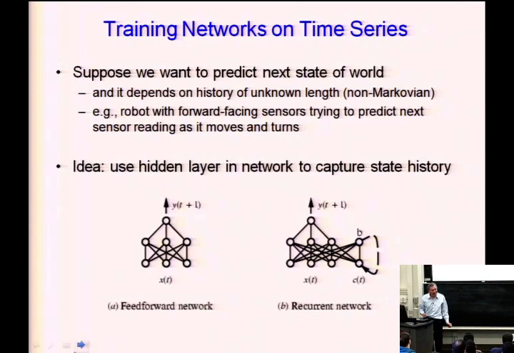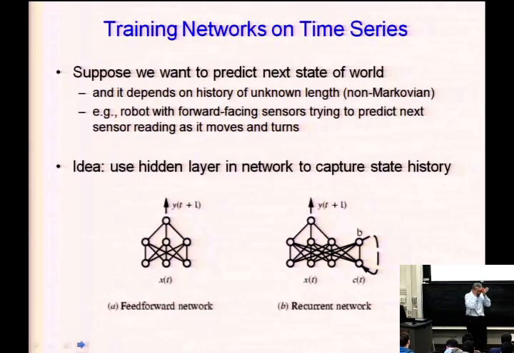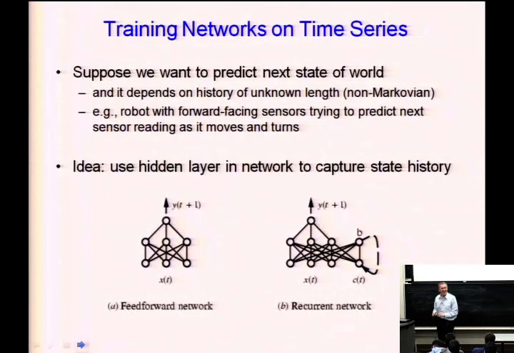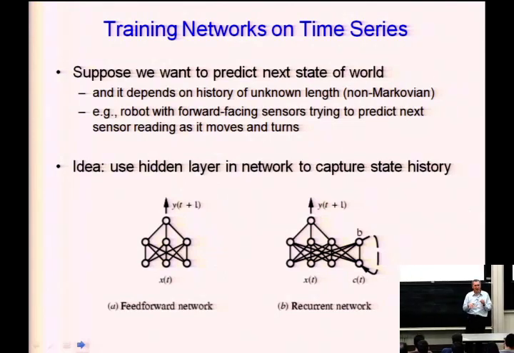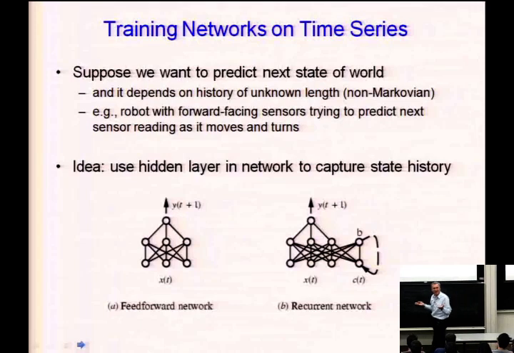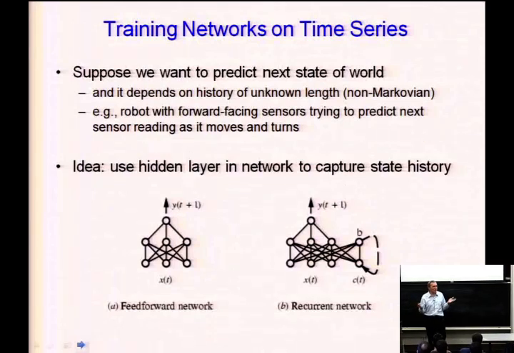I've tried this on exactly, actually, robot data doing this thing that we were just going through. And I did get it to learn a couple steps back to remember that there was actually a cup, not a computer, off on the side. But in practice, I had difficulty training it to learn very sophisticated representations of history.